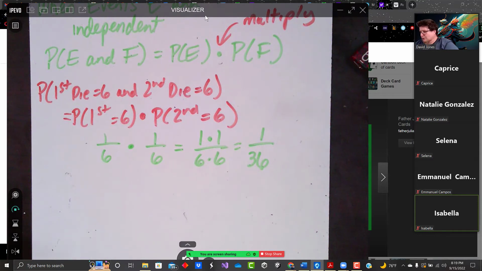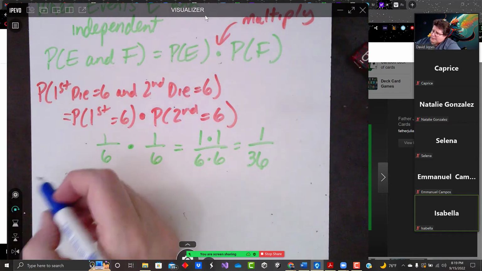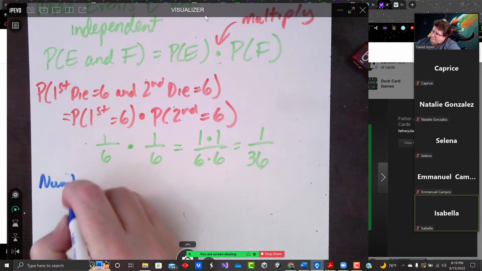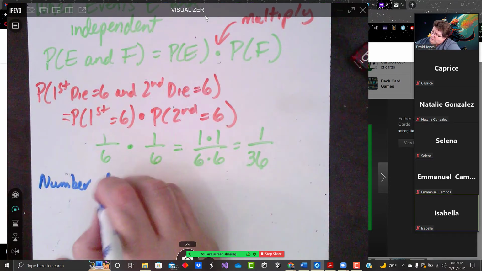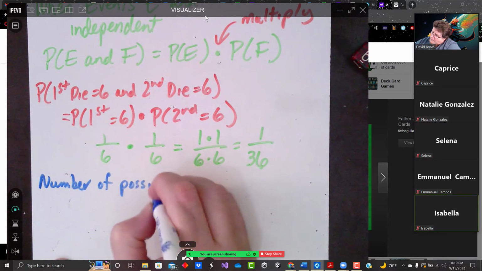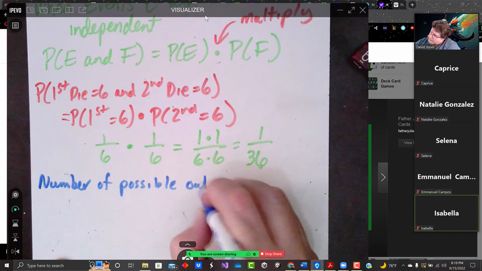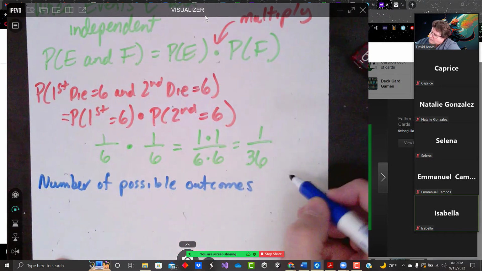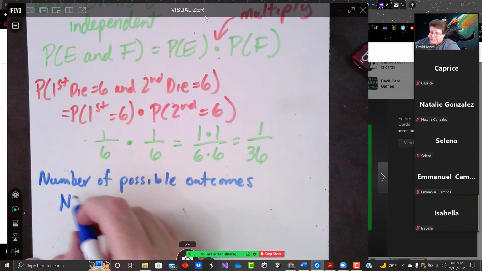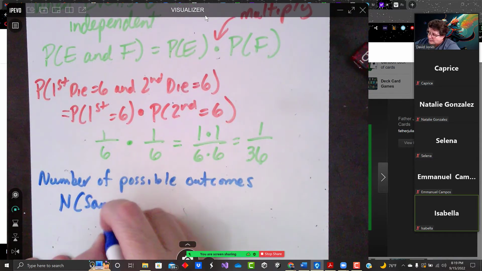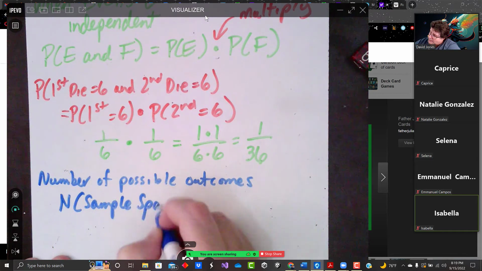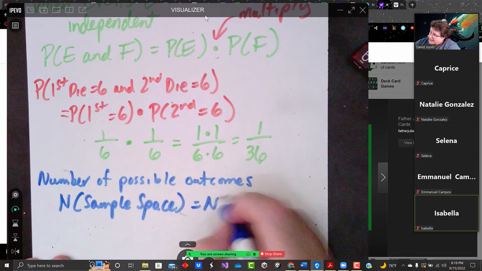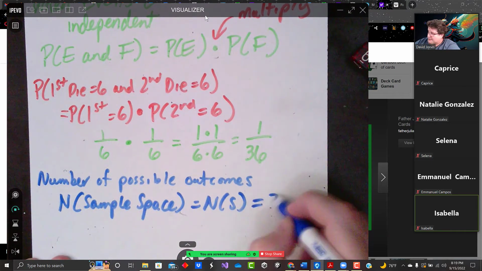You'll notice this kind of works for finding the number in the sample space. The number of possible outcomes is the bottom, n of S, in this case 36.